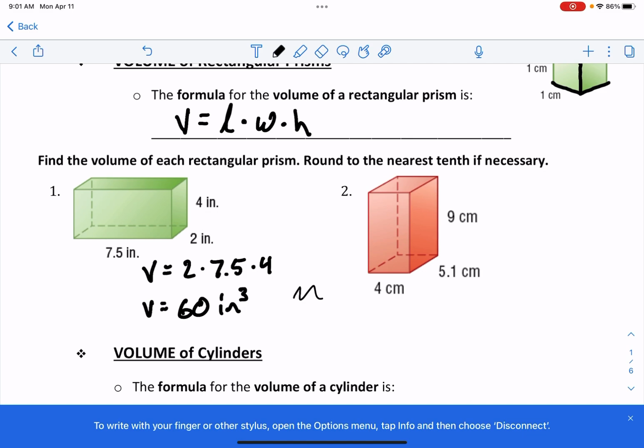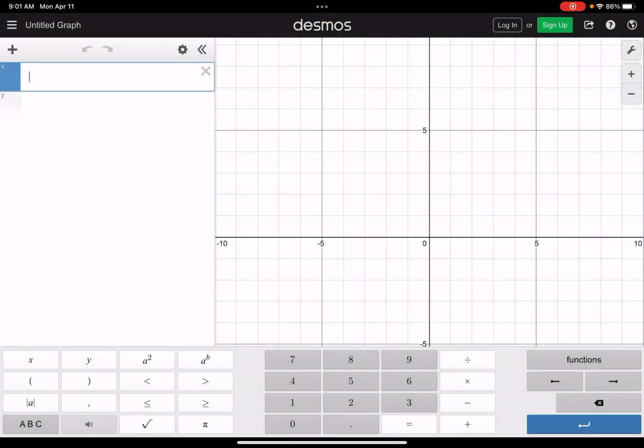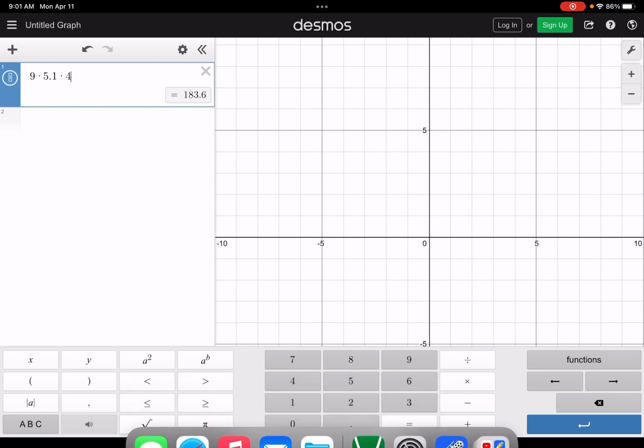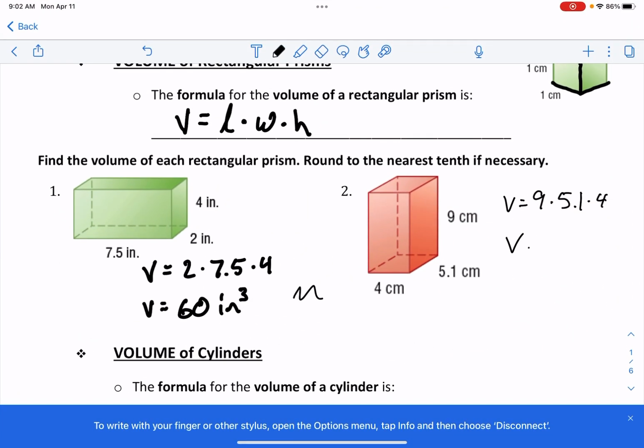And again, we have volume equal to 9 times 5.1 times 4. So 9 times 5.1 times 4 gives us 183.6. So the volume is equal to 183.6, and this will be centimeters cubed.